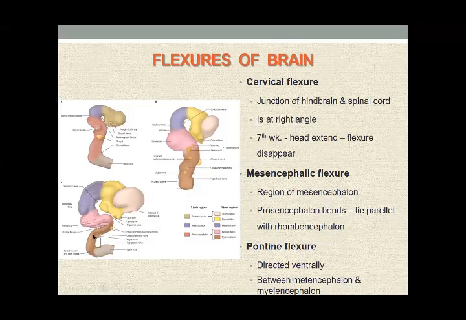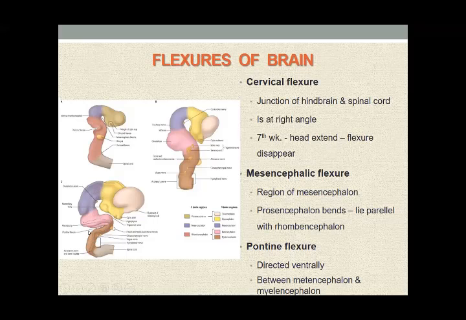Let me tell you the color coding. This is white, spinal cord. Brown is myelencephalon, pink is metencephalon.